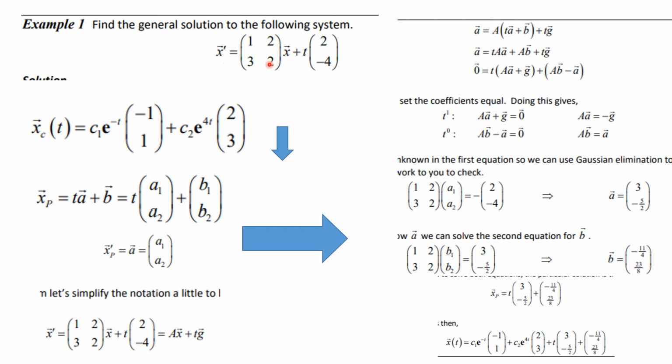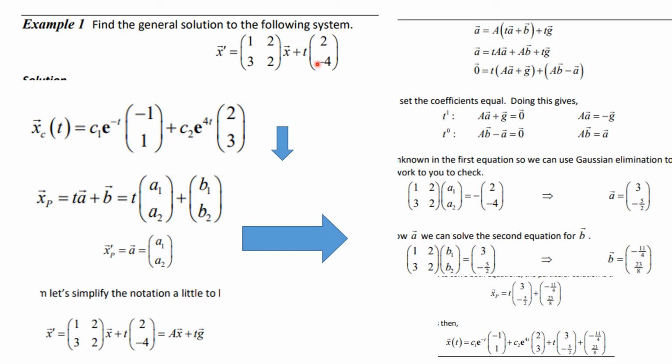It turns out we solved this homogeneous part earlier, and what we learned was that associated with the eigenvalue -1, this was the eigenvector, and associated with the eigenvalue 4, this was the eigenvector. So that means my complementary solution is a linear combination of those two.